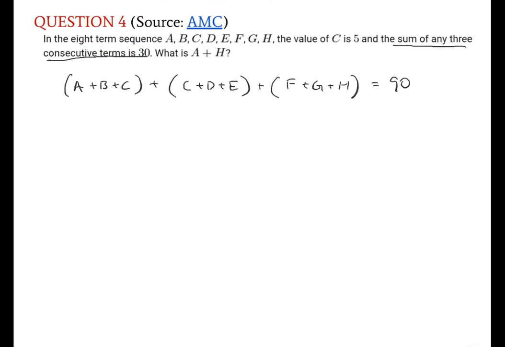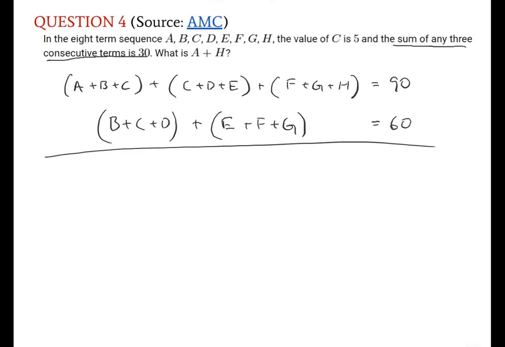And we also know that B plus C plus D and E plus F plus G are also two sets of consecutive terms, and so this adds up to 60.